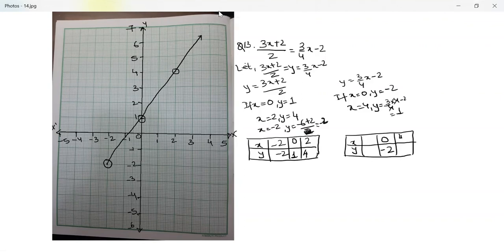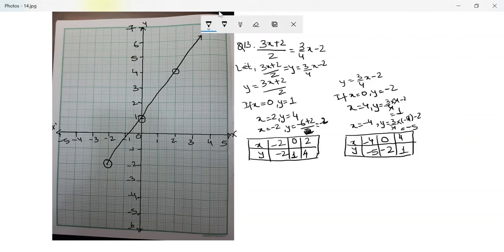So x is equal to 4, y is equal to 1. And if x is equal to negative 4, y will be equal to 3 by 4 into negative 4 minus 2, that's negative 3, and negative 2, that's negative 5. So negative 4 with negative 5.